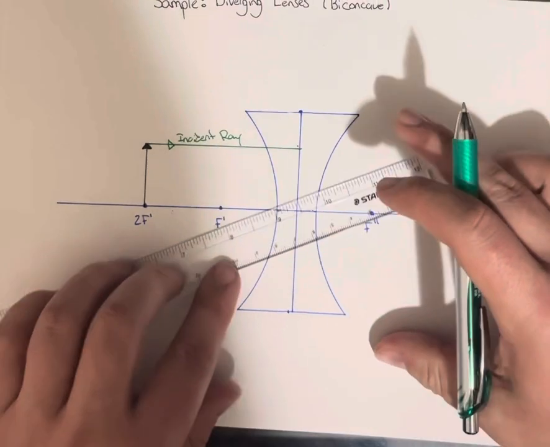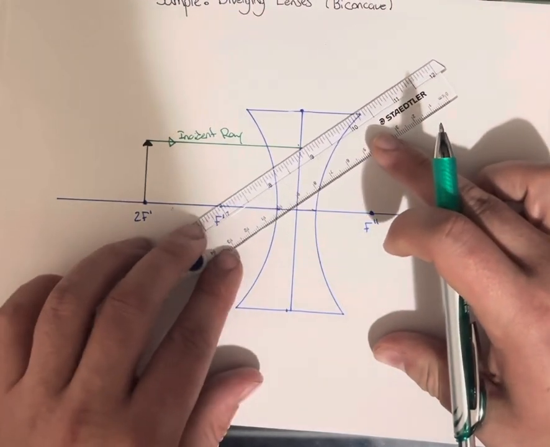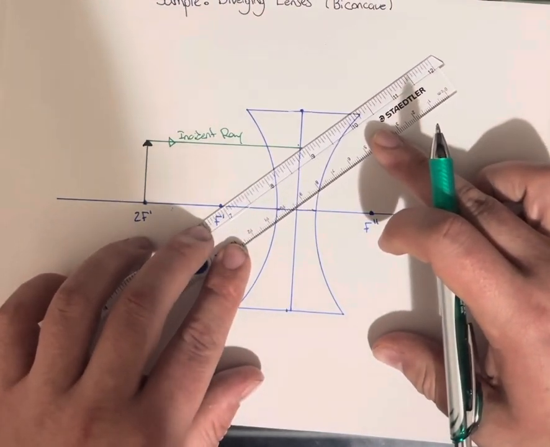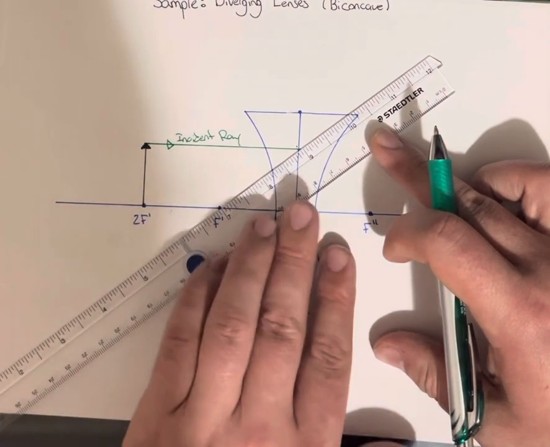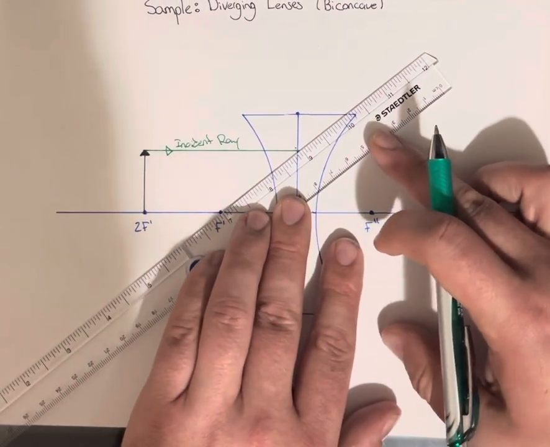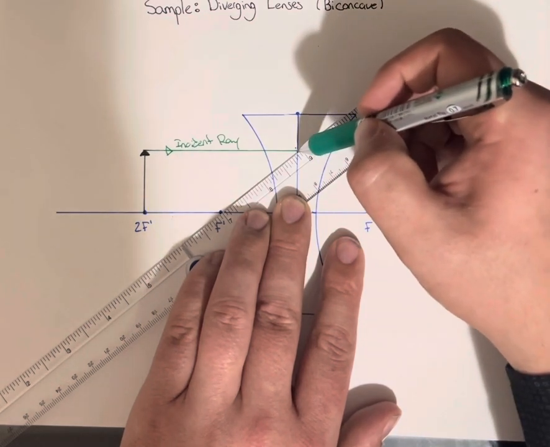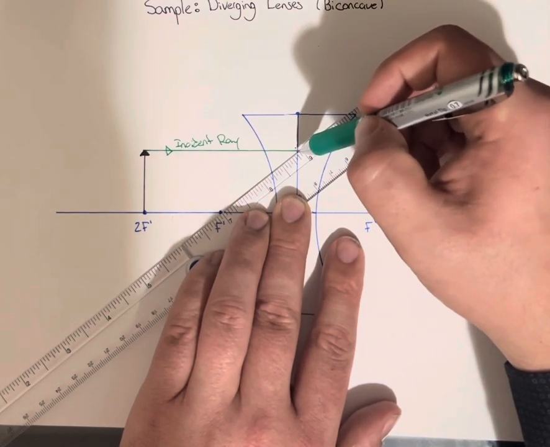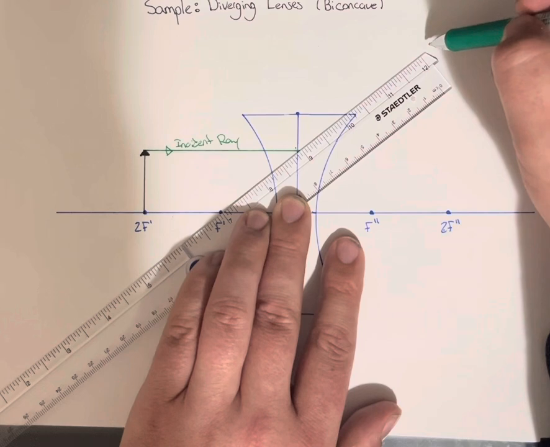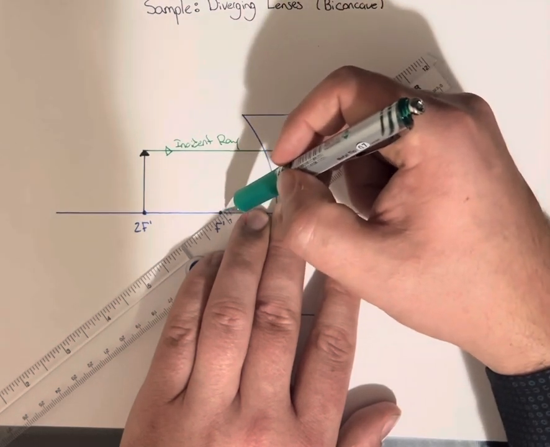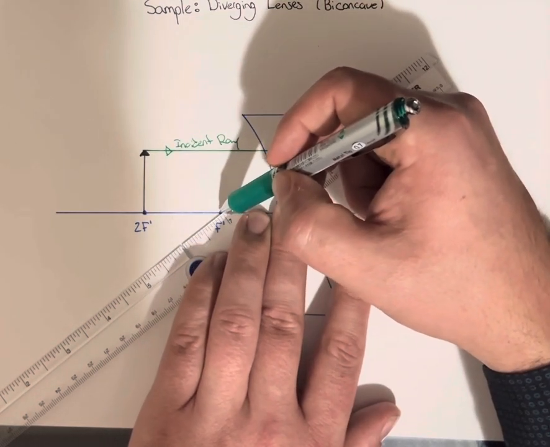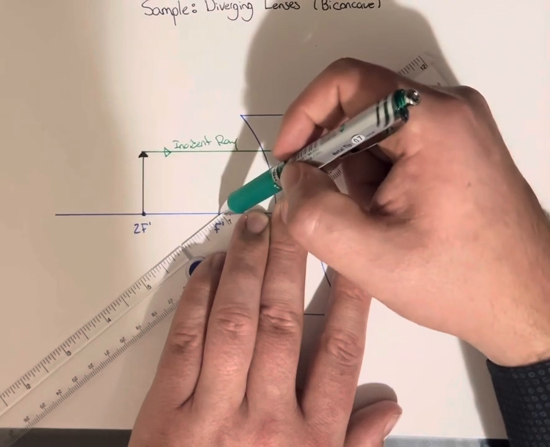Now trying to figure out where the refracted ray is going to be. Now this one's not really going to be very representative of the lens I drew, but it's not really going to make a difference. Remembering that the refracted ray is going to diverge away from the principal axis on the pathway where it would pass through F prime. So if we can see back here, F prime is back here.